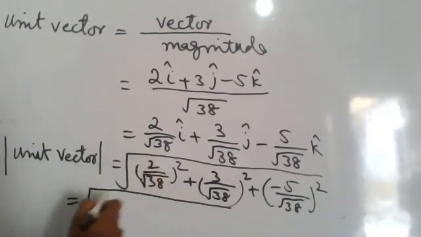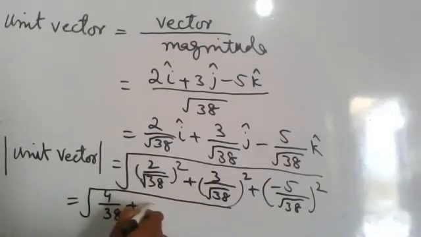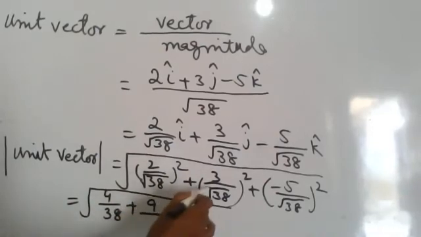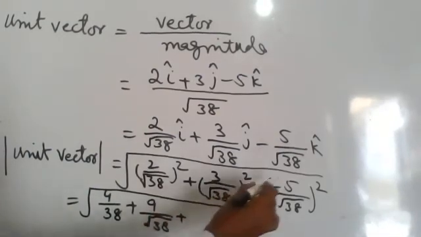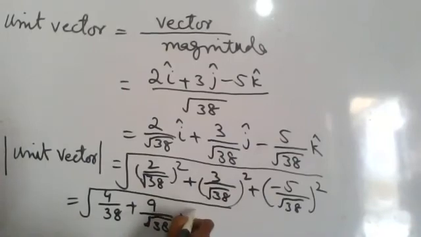The square of 2 will be 4 upon 38, since the square and under root 38 cancel. The square of 3 will be 9 upon 38, plus the square of minus 5 will be 25 upon 38.